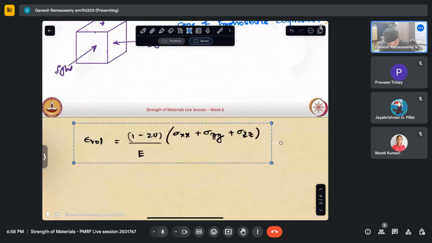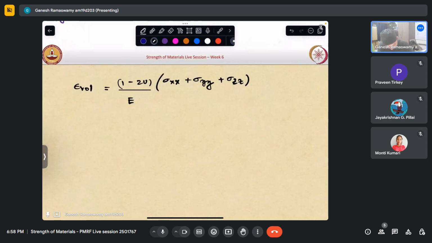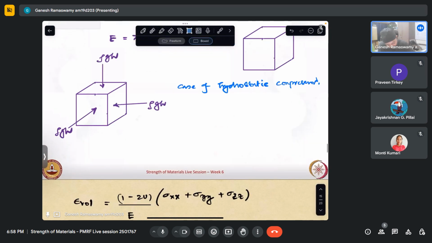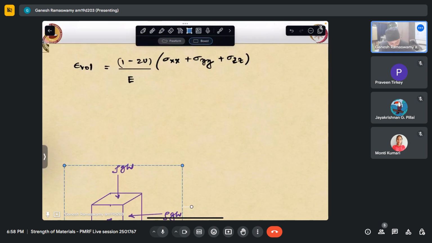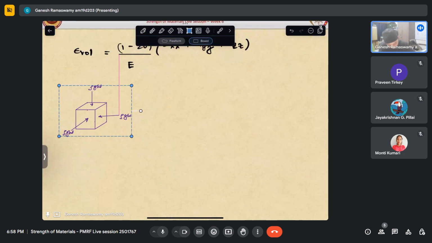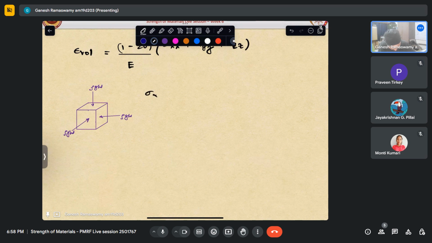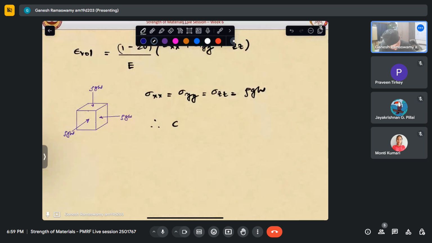In this case, I can see my sigma x, sigma y, and sigma z all are identical, and all are equal to rho g h: sigma xx, yy, and zz is rho g h. Therefore, my volumetric strain comes out to be (1 minus 2 mu) by E into 3 times rho g h.